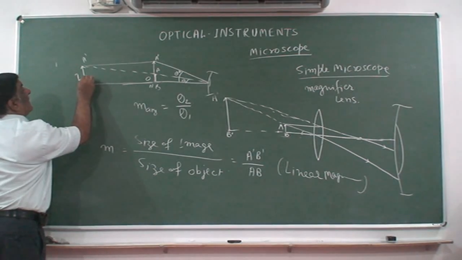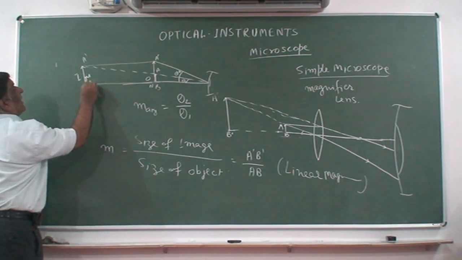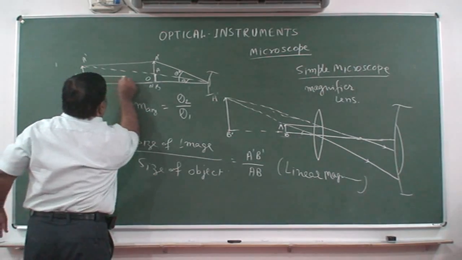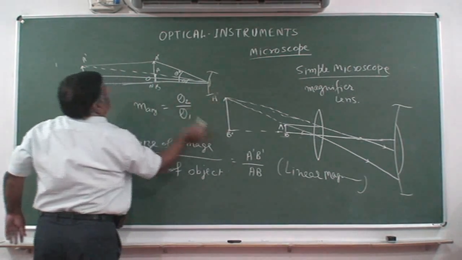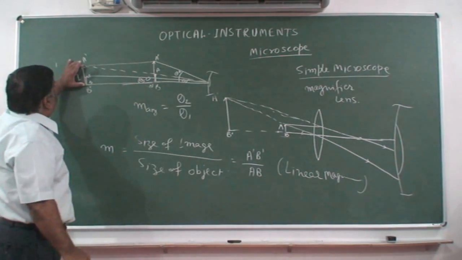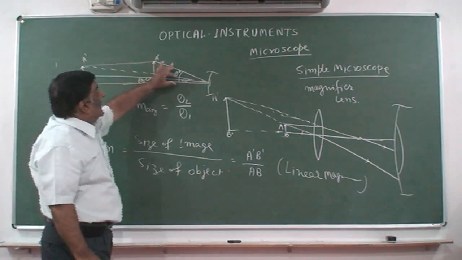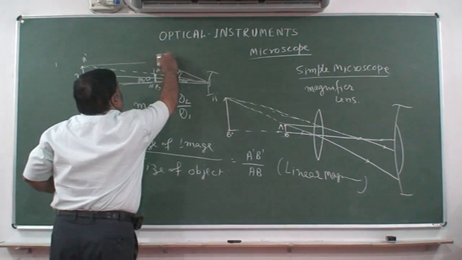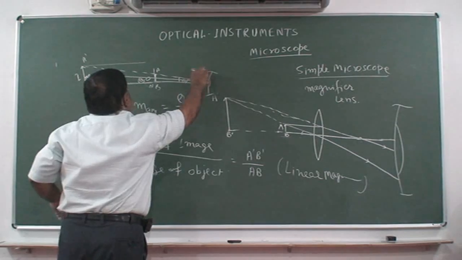here AB. Now how much is the angle made by AB? This angle. This angle is theta 3. Now here the image is making this angle. This angle was theta 1. Now it is no more there.